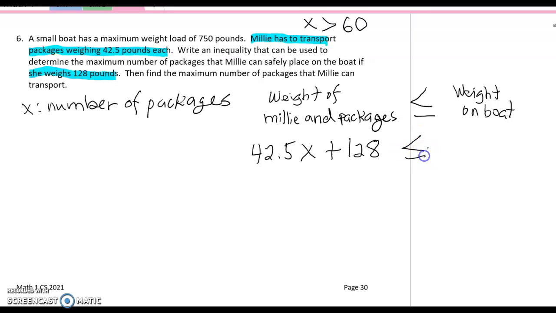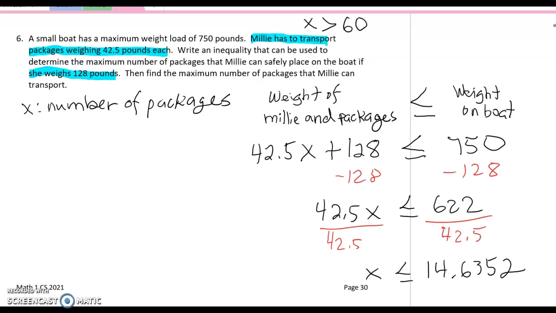And we want that total weight to be less than or equal to the weight limit for the boat. All right, so there's our inequality that we can use to solve for x.